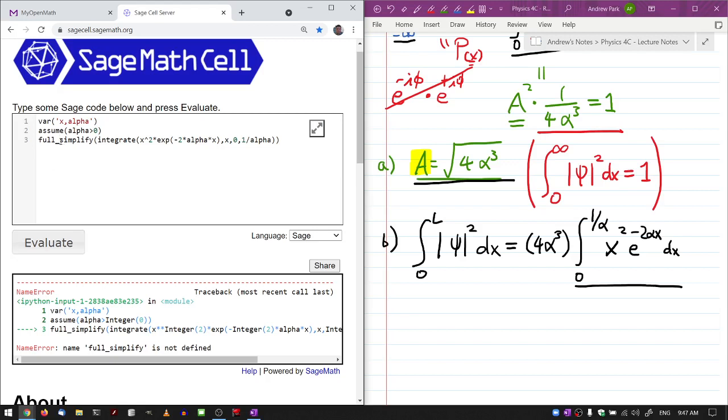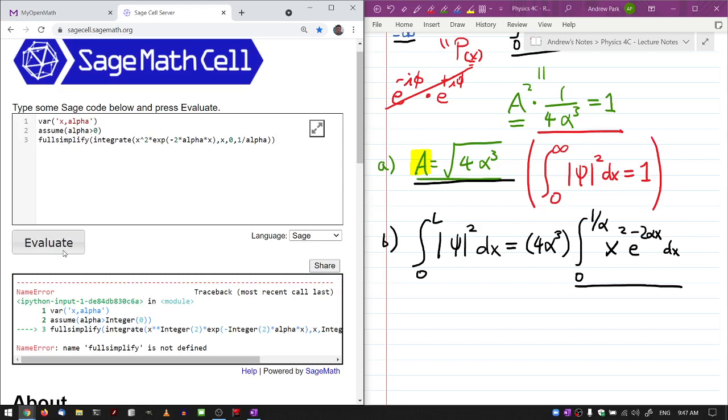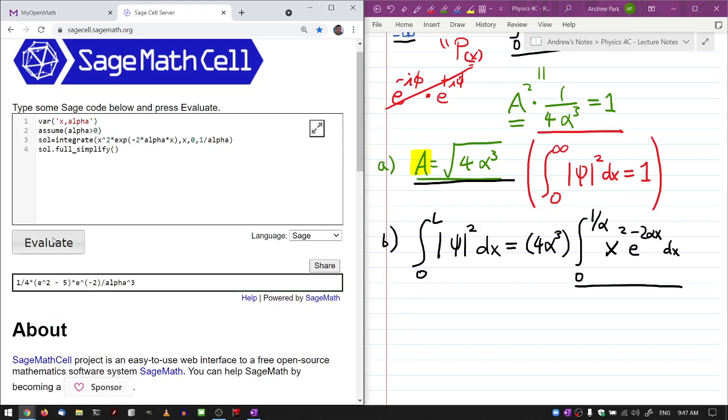Maybe it's without the underscore. I don't use SageMath all that often. All right. I think maybe what I need to do is put this into solution, and I think I can do solution for simplify. Okay.